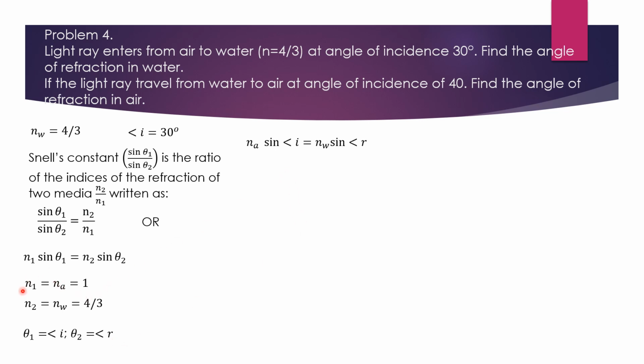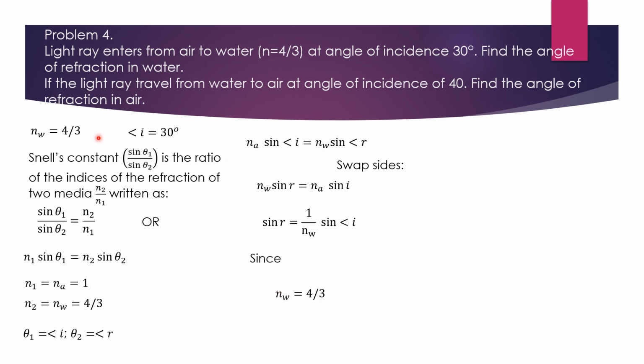Now, using these notations in this general equation, we get na sine of i equal to nw sine of angle r. Now, since we need to find the value of angle of refraction, we swap sides. So, nw sine of r is equal to na sine i. Sine r is equal to 1 over nw sine of angle i.